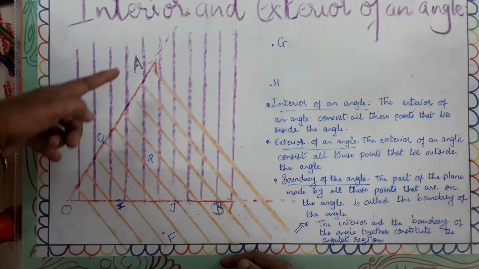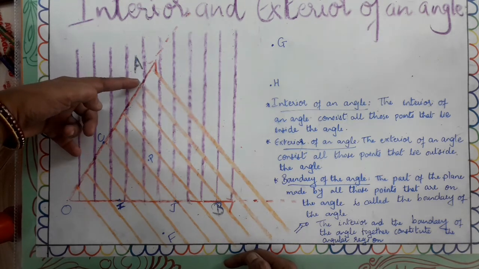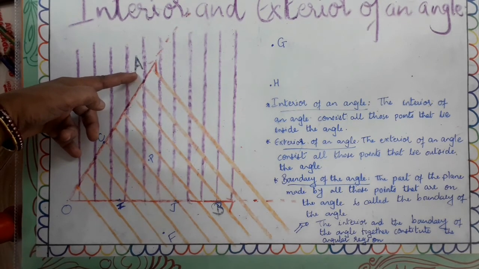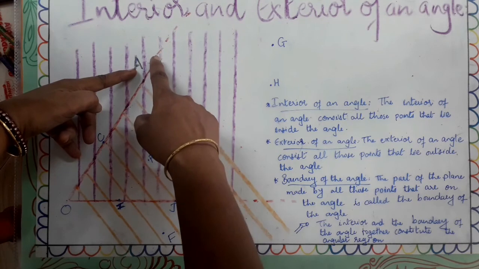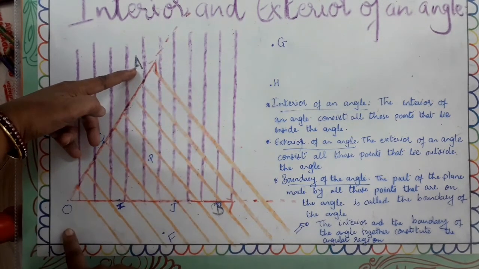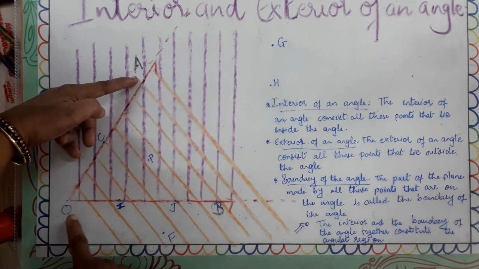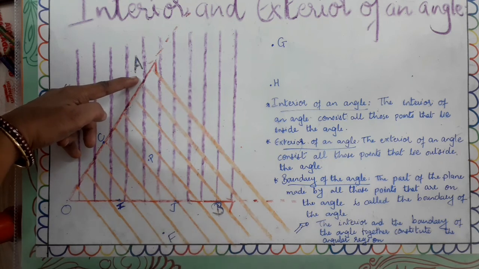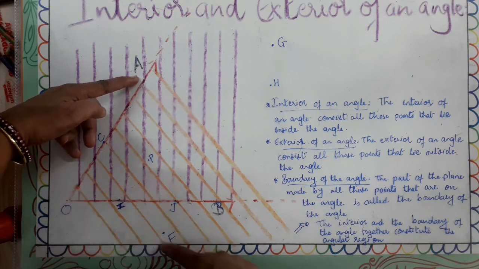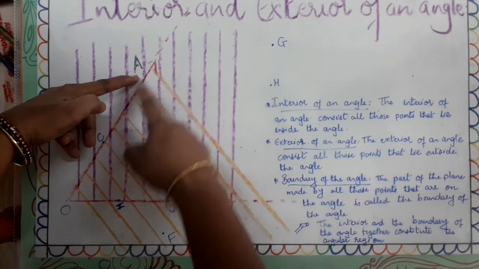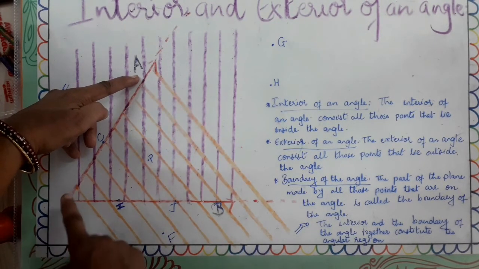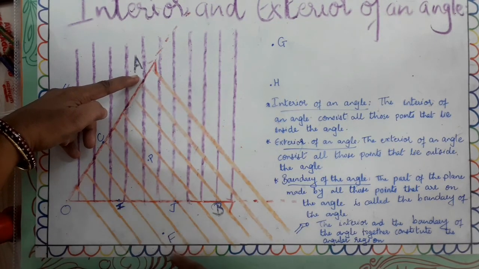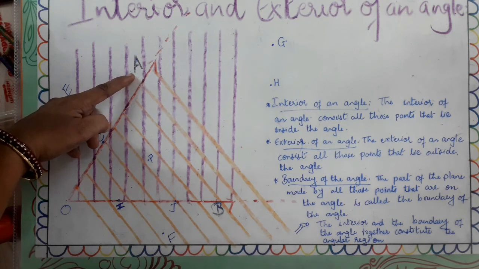Okay, and then the other one you have to shade as, take the border as OA and draw the lines where OB lies. So here I have drawn the lines like this, bordering OA and drawing where ray OB lies.